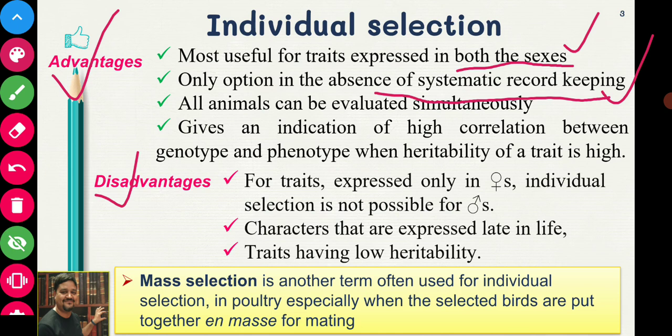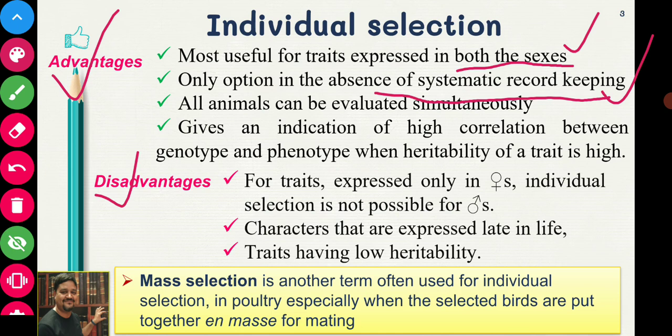You will just milk all the animals, and the animal giving the highest milk yield, you will select. If you want to select for body weight, you simply weigh all the animals, and the animal having the highest body weight will be selected. So this is the only option when there is no systematic record keeping.